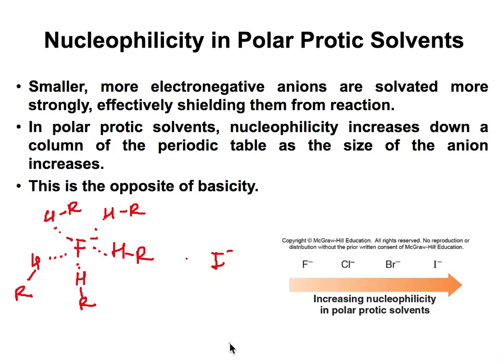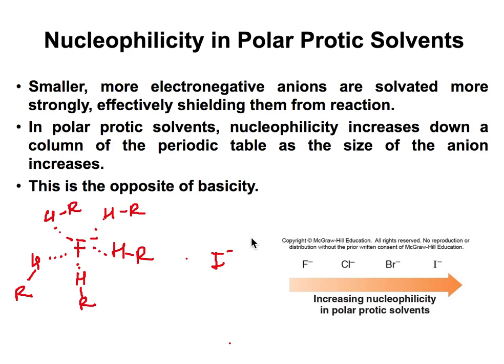So what happens with nucleophilicity? Remember, nucleophilicity defines how ready a nucleophile is to go and attack. So if the fluorine is surrounded, it's not going to be able to go and attack. But the iodine minus, because it's so big, it's not going to be fully surrounded.